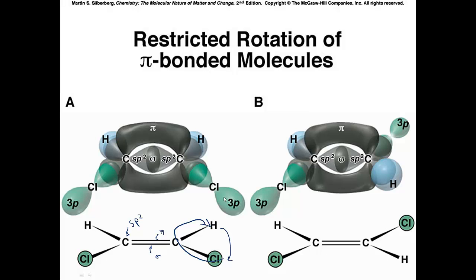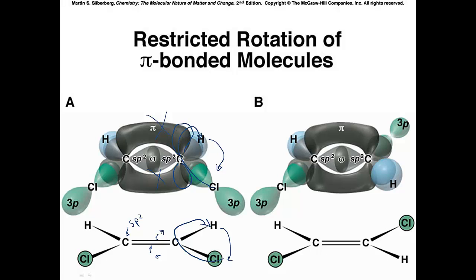But in order to spin this chlorine and move it up over here where this hydrogen is, and move the hydrogen in the place of the chlorine, I'll have to sever this pi bond right here, because there's no way I can have this side-to-side overlap and spin this side, because this p orbital that's right here, this balloon shape, is going to tilt as I start spinning this group around right here.